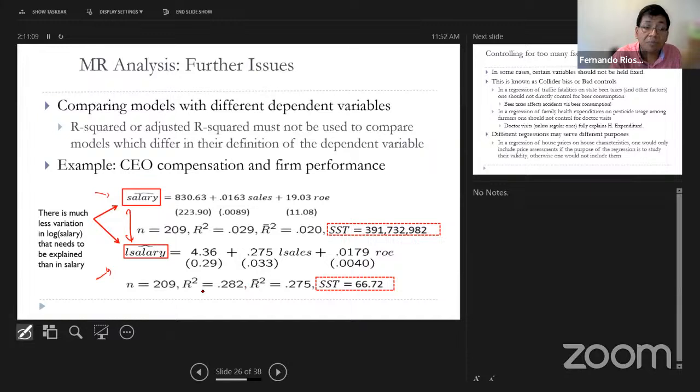Among other reasons, because I'm using logs and I'm reducing the variation, I will be artificially increasing the R-square. So in these situations, do not use the R-square to compare them.